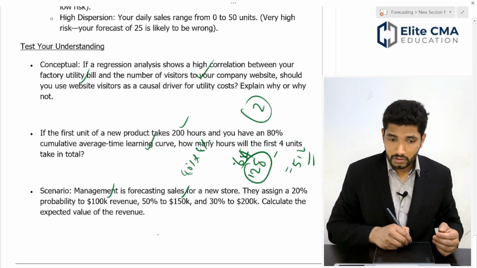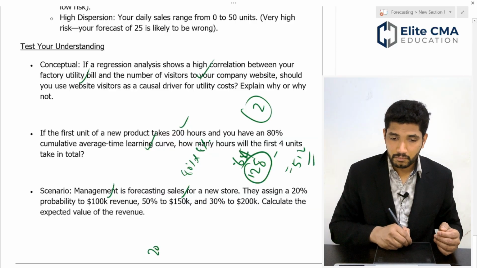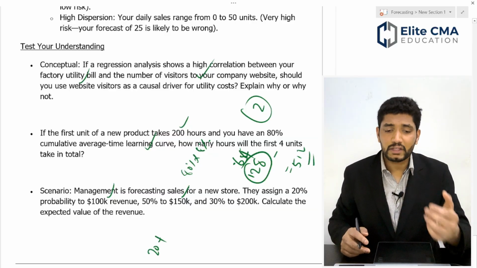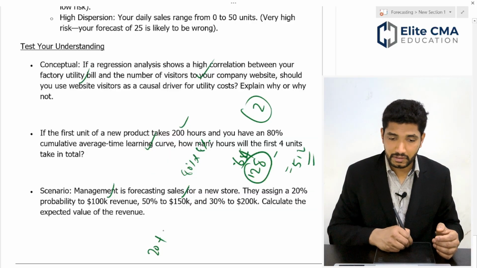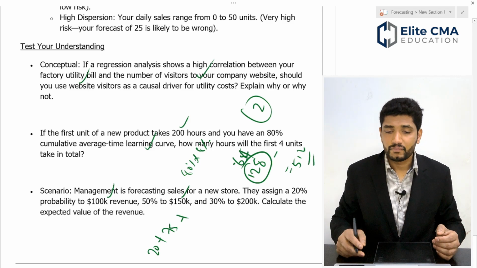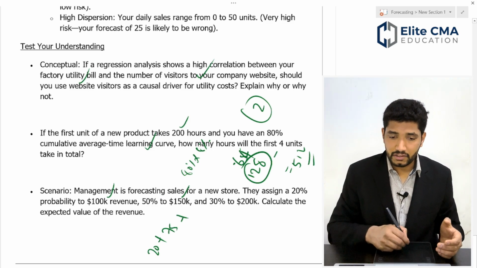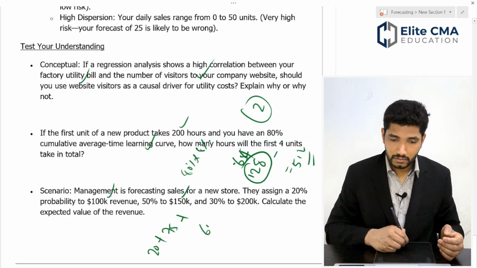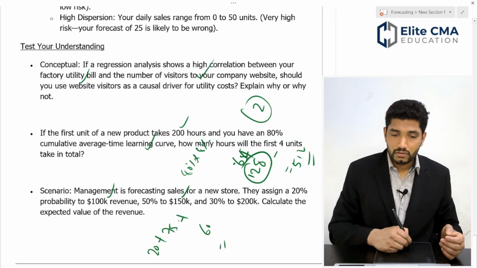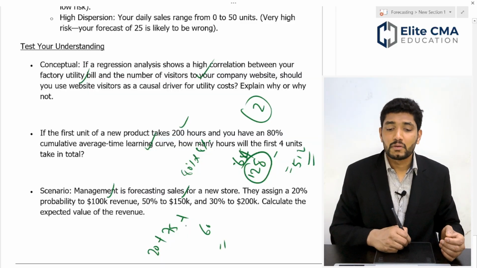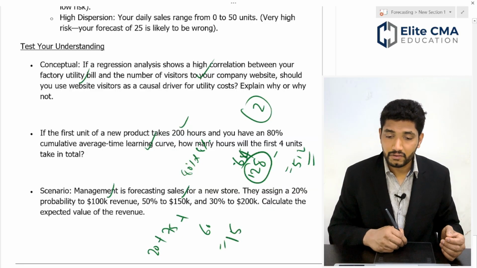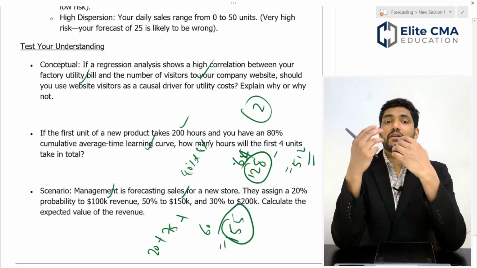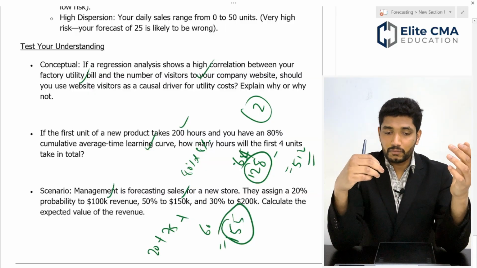That means first 20% of 100k, that is 20, plus 50% of 150k, that is 75, plus 200k at 30%, that is 60. So it is 95 plus 60, that is 155, the expected value of the revenue as per this scenario.